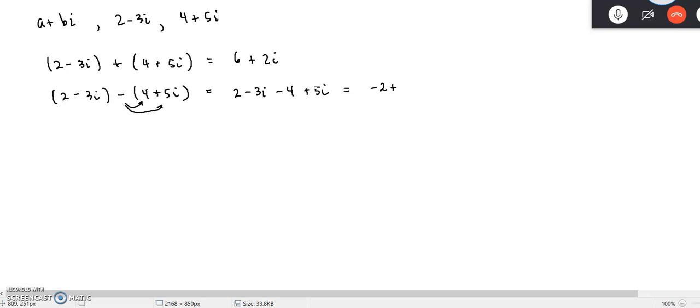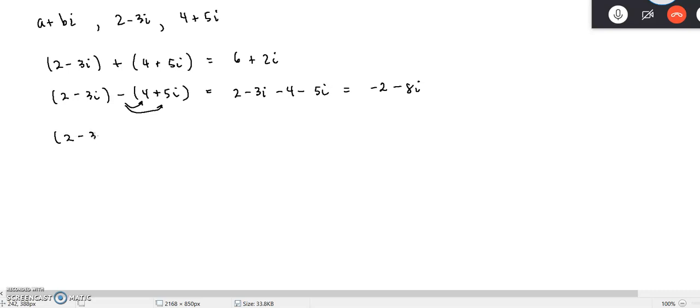So when we distribute, this would be a negative 5i. All right, so we distribute that negative, and now we would get minus 8i. Okay, so nothing different there as far as i's go, same thing.